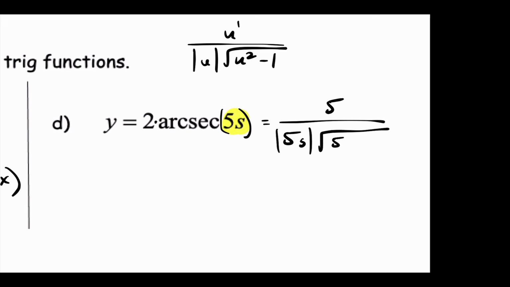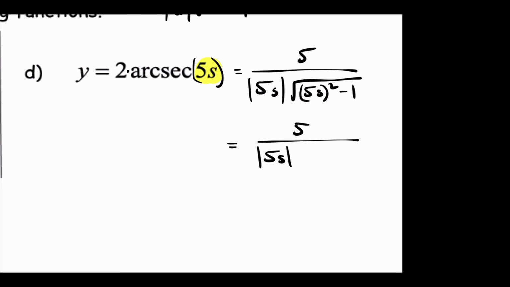Root 5x squared minus 1. Okay? 5 on top. Again, sometimes they will include those bars, sometimes they won't because it's already positive, so whatever. You don't technically need them, but if it's a multiple choice question and they have them, it doesn't hurt anything. 5x squared is 25x squared minus 1.